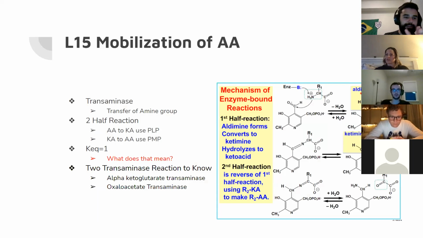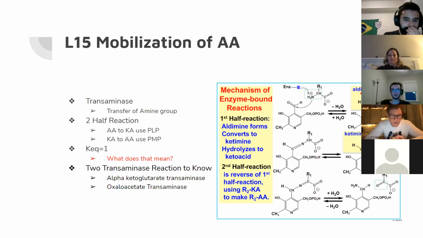For every time a keto acid is formed from an amino acid using PLP, a PMP is converting a keto acid back into the amino acid. So they're coupled together, going in opposite directions. So each time one does one thing, the other does the opposite, to maintain that equilibrium constant of 1. Okay. I just wanted to make sure I understood that concept.